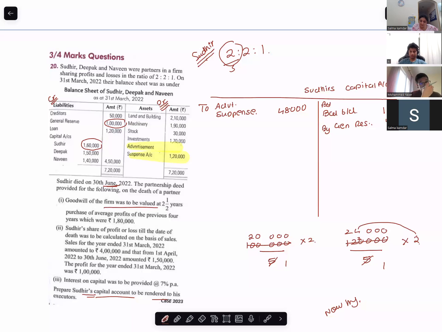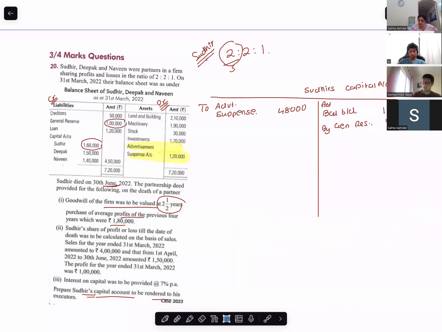Goodwill of the firm is valued at 2.5 years' purchase of average profit of the previous 4 years, which is 1,80,000. So can you find out goodwill for me? Anas, what is the value of goodwill?